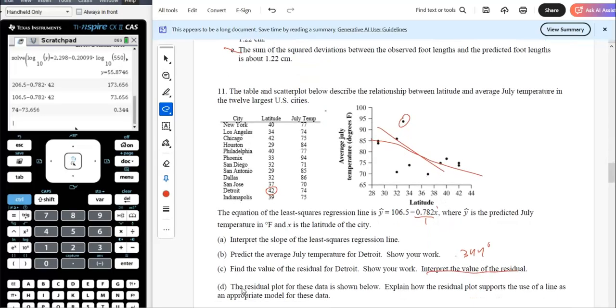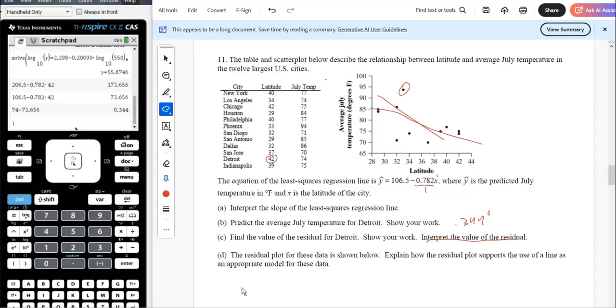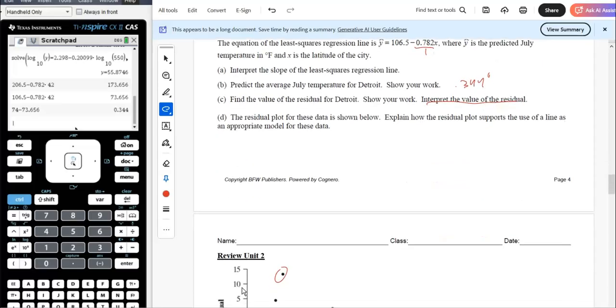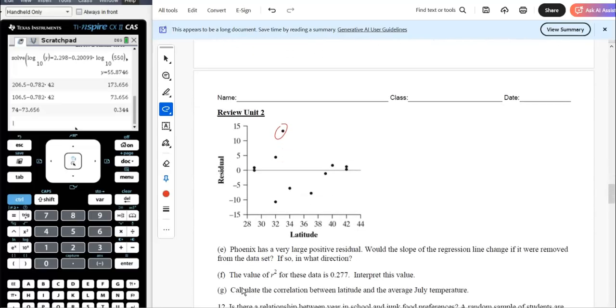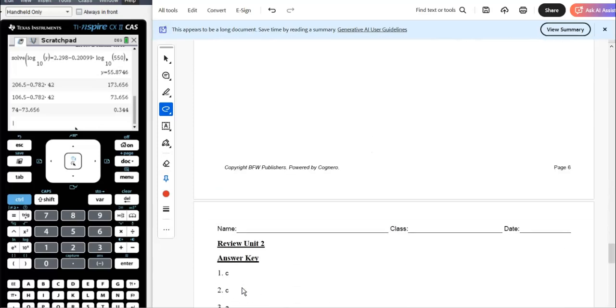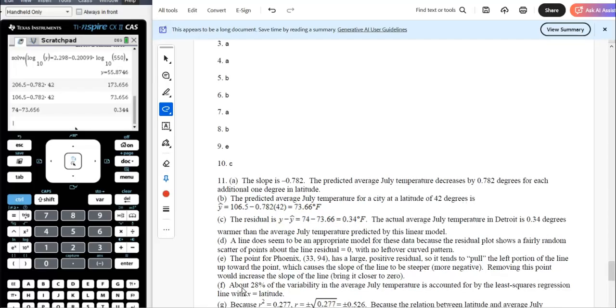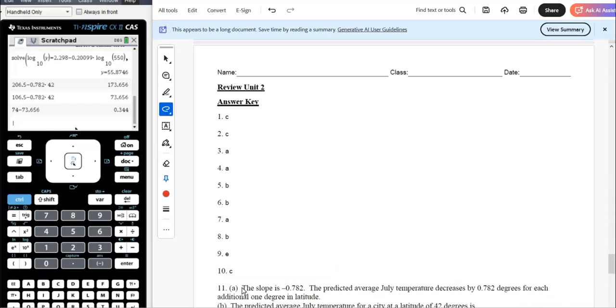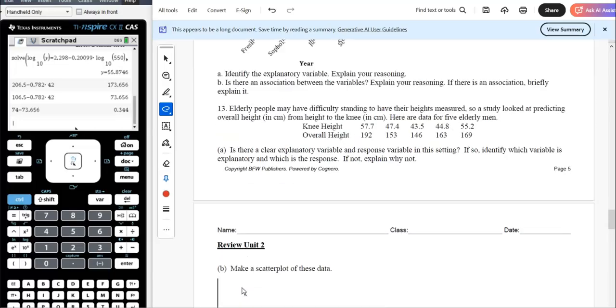So that was E. As a large positive, it tends to pull the left portion of the line. So because removing this point would increase the slope of the line, bring it closer to zero. Would increase the slope.